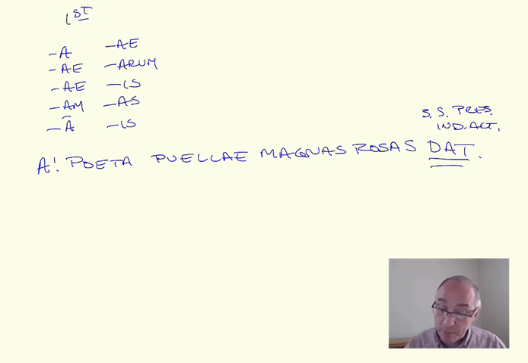Let's look and see. Let me highlight the endings here. Poeta, puellae, magnas, rosas. Well, let's take a look at it. Poeta, this a, could be nominative singular. Yep, that's about it right now.